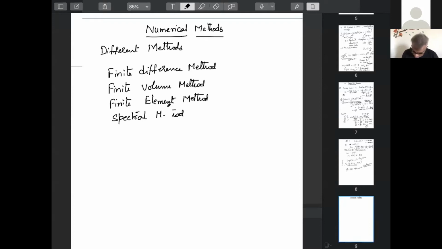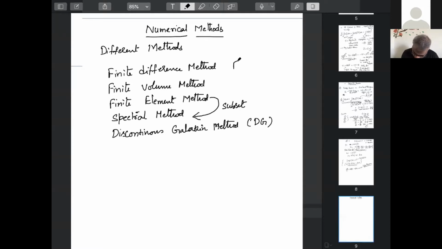Of course, the finite element method comes under the subset of spectral methods. And then we have a fifth one, the discontinuous Galerkin method, which we basically call DG.